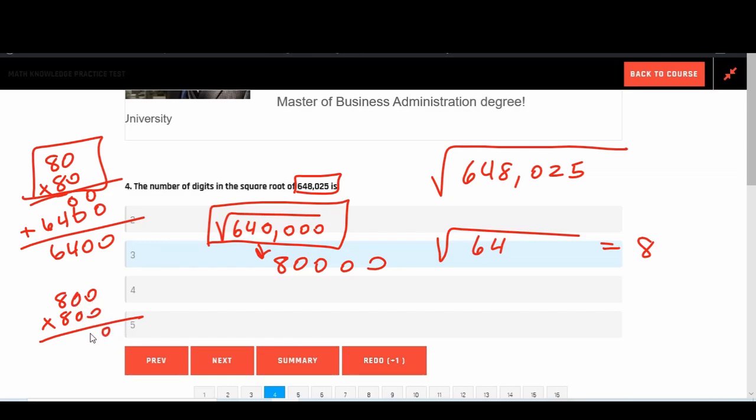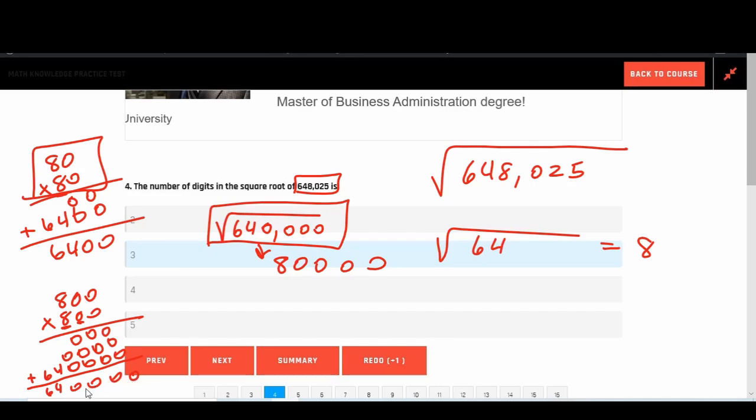0 times 0 is 0, 0 times 0 is 0, 8 times 0 is 0, 0 times 0 is 0, 0 times 0 is 0, 0 times 8 is 0. And since we started here, we have to add an extra 0. Now since we're starting this third one, we have to add 2 zeros. 8 times 0 is 0, 8 times 0 is 0, 8 times 8 is 64. Let's add. 0 plus 0 is 0, 0, 0, 0, 0, 64.